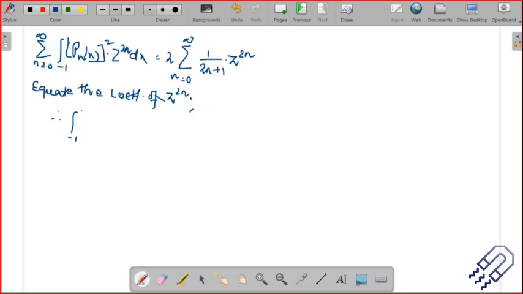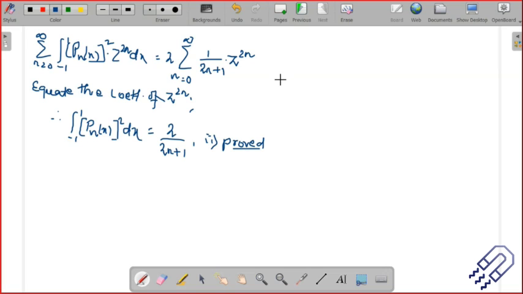Therefore, integral from minus 1 to plus 1 of P_n(x) whole square dx, I don't need z to the power 2n because I'm equating its coefficient, is equal to 2 divided by 2n plus 1. Relation 2 proved. So that's how you prove the second relation.